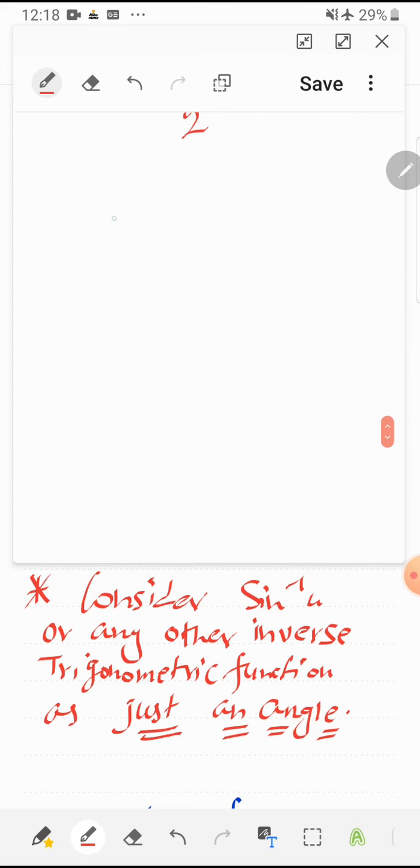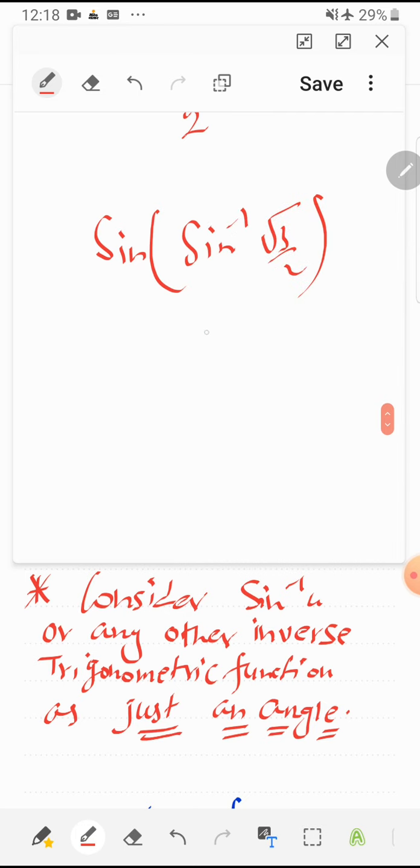Like if it is written sine of sine inverse root 3 by 2, the answer is root 3 by 2. But that doesn't mean I have cancelled this, because cancellation happens in multiplication. So what does it mean? It simply means sine, and what is sine inverse root 3 by 2?